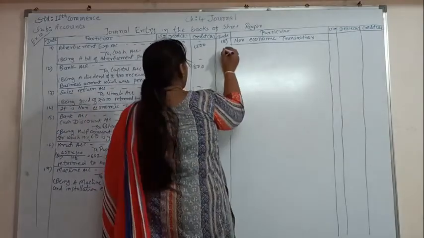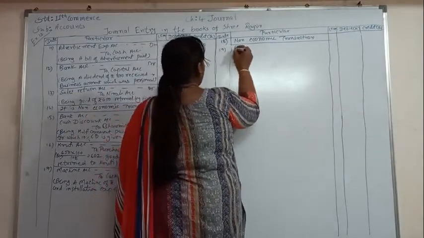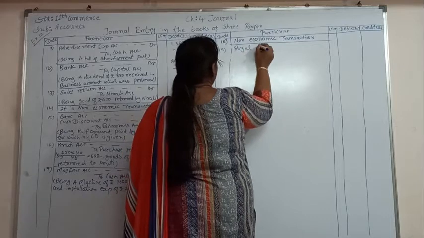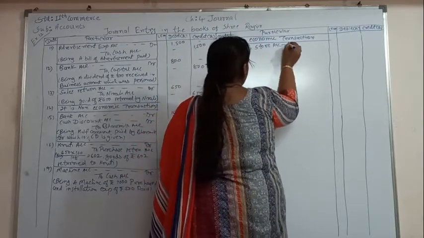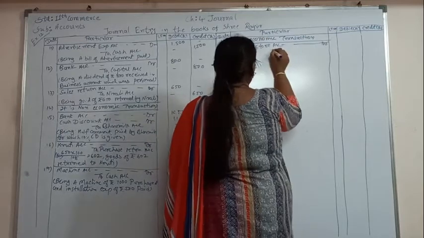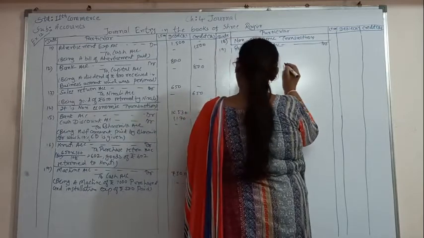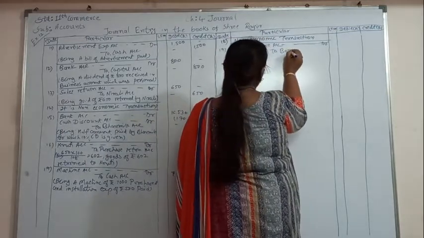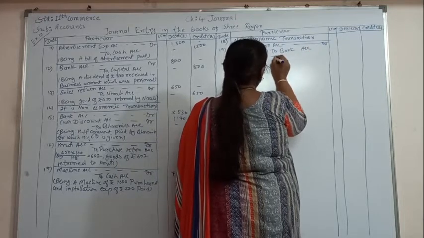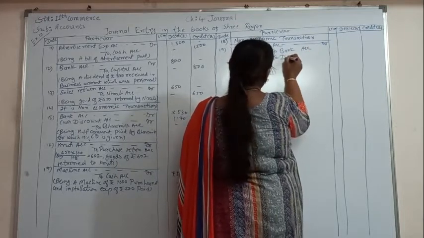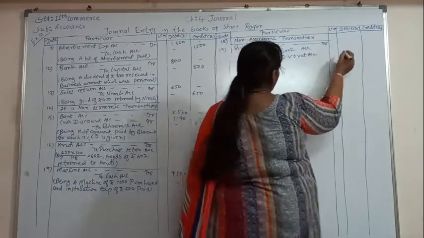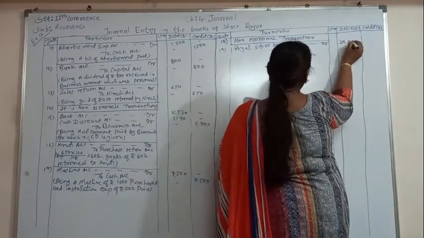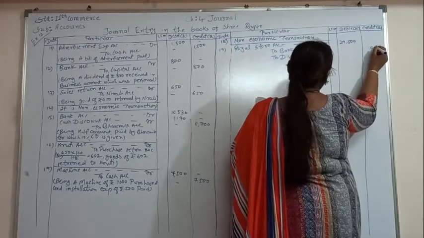So here the journal entry that we are going to pass: Royal Stores account debit, to, here we are paying them by bank. So to bank account, to discount account. 29,500 and 100 rupees will be discount.